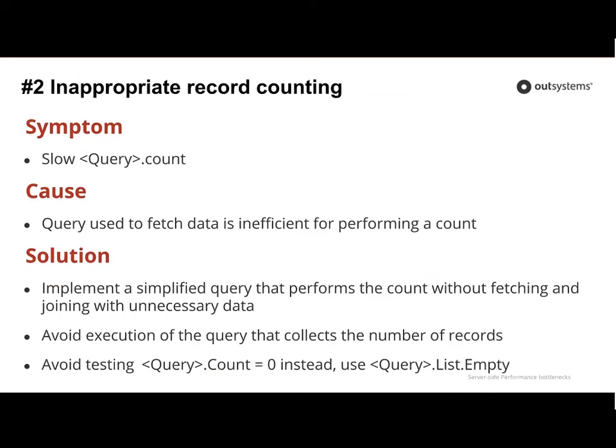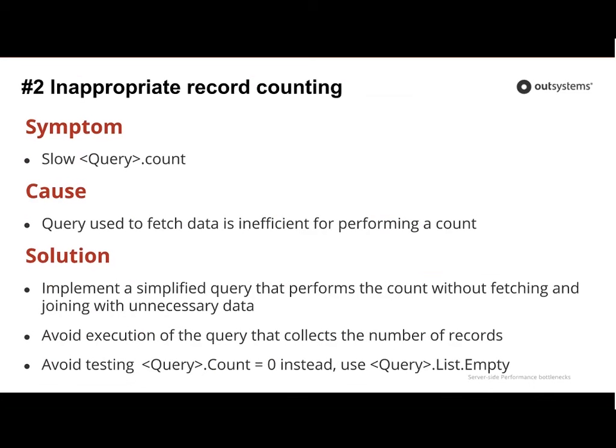Another point that is relevant for you to know, whenever you need to get the number of records from the database for a specific query, you can use the query.count. This is a property that you can get whenever you have an aggregate.